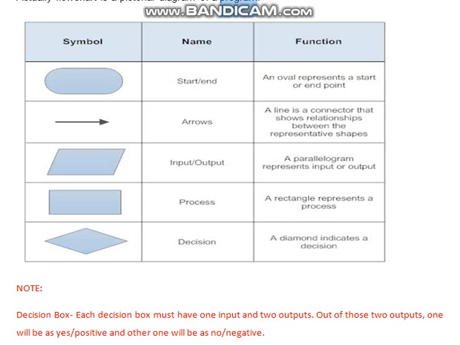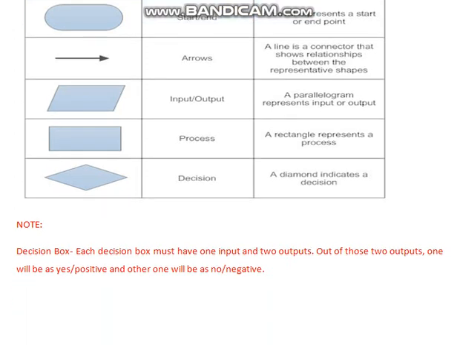The decision box is a diamond shaped box. It is written here, a diamond indicates the decision box. Whenever in a flowchart we are supposed to take some decision, some condition comes and we have to take a decision for that. In that case we will use this symbol.